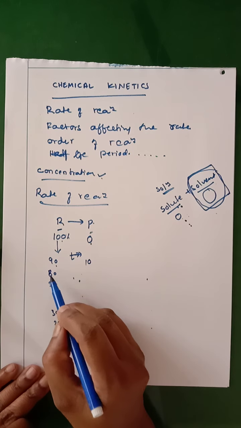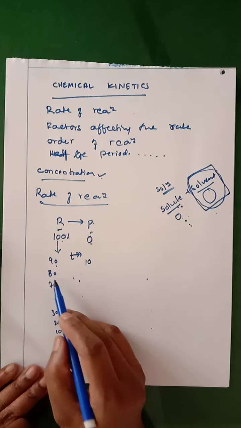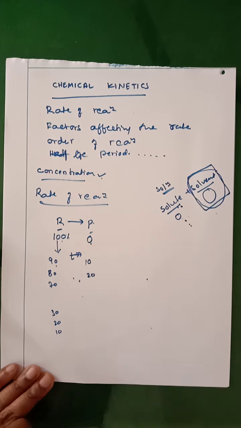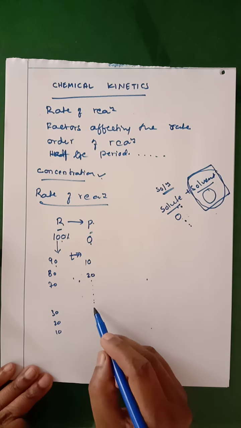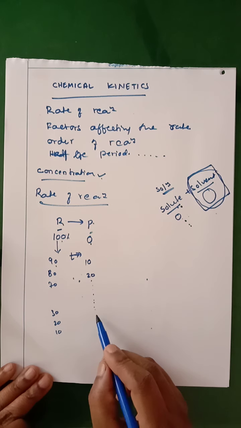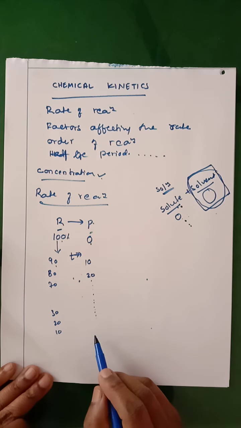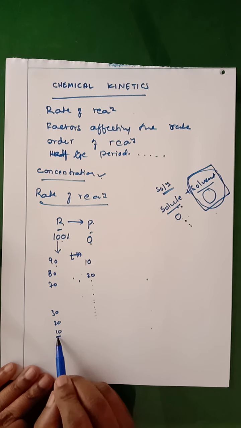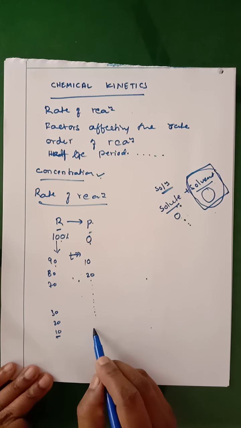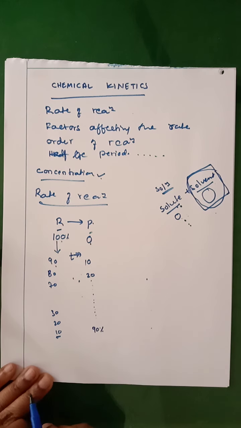And if the reactant concentration is 80%, the amount of product formed is 20%. In the same way, as time proceeds, the amount of product formed goes on increasing. So if the reactant concentration is 10%, the amount of product formed is 90%.